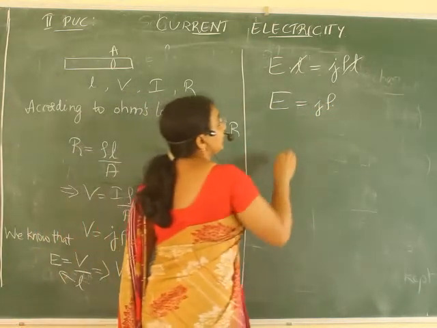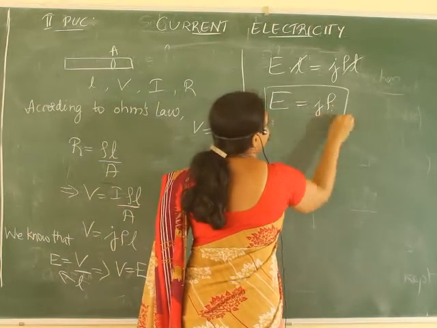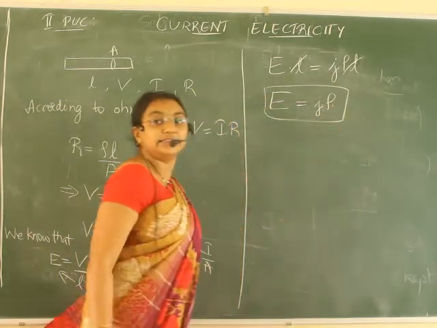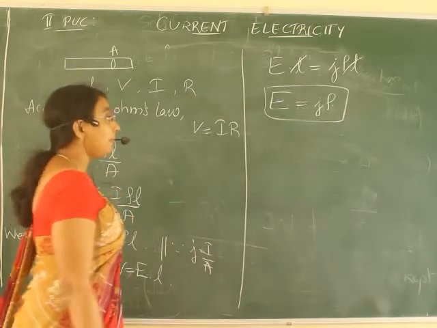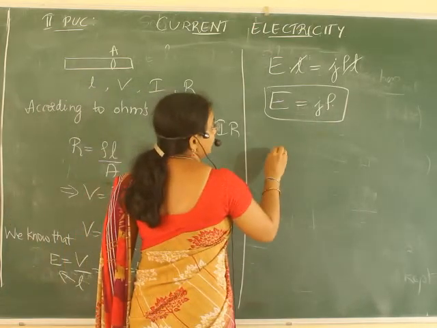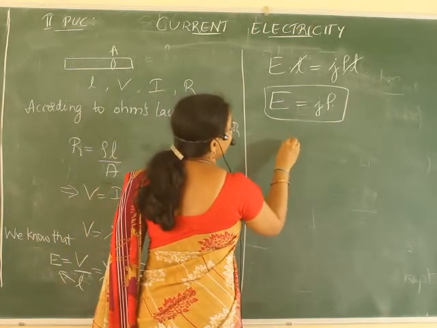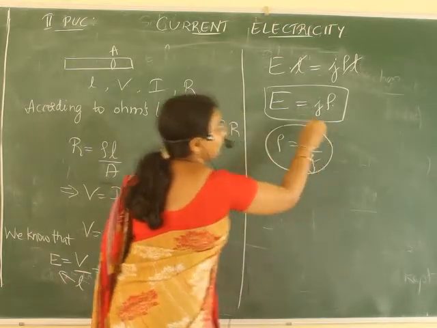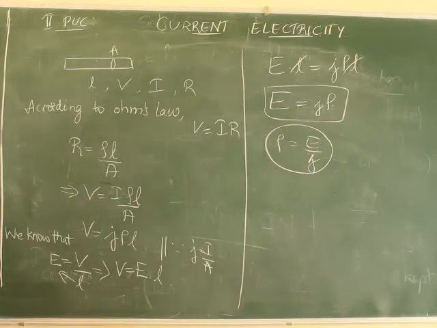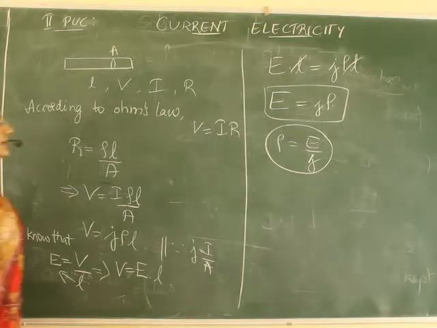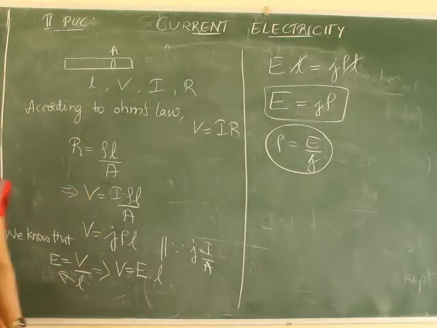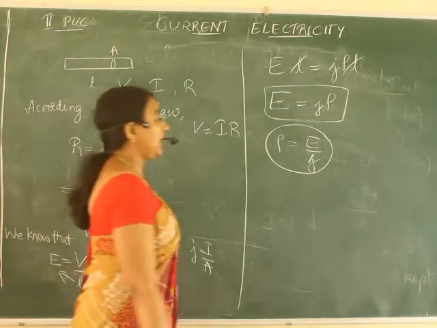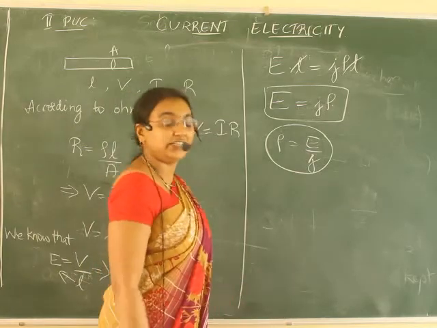This is a relation between the electric field and resistivity. Or else I can also write rho is equal to E by J, where rho is the resistivity of the material. Conductivity is the reciprocal of resistivity.